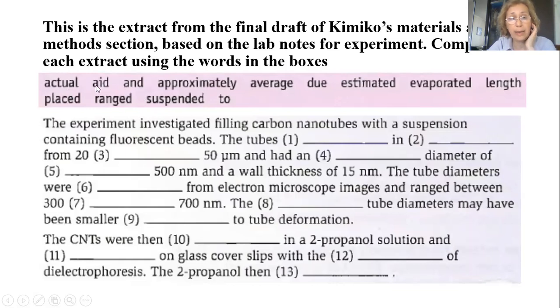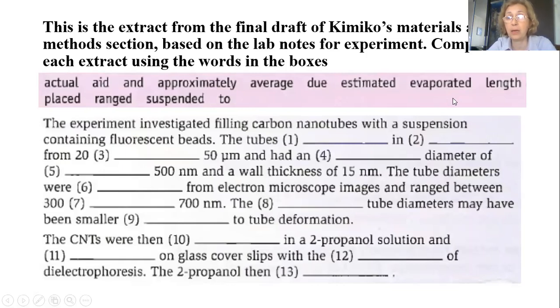So actual, aid. What is aid, by the way? Aid. Помощь, да? Помощь, yes. And approximately, приблизительно. Примерно, да. And average. Общий, да? Средний, среднее значение. Due, благодаря чему-то, estimated, по оценке, evaporated. What is evaporation?